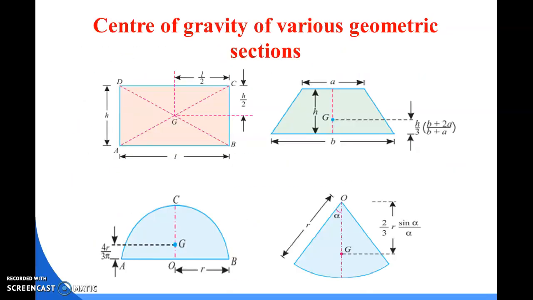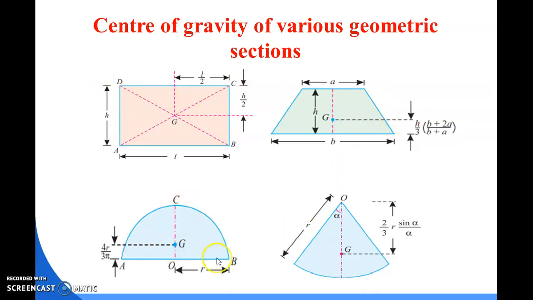Here is the center of gravity of various geometric sections. You can see this is the rectangular section, whose center of gravity acts at this point, with value h by 2 in y direction and L by 2 in x direction.